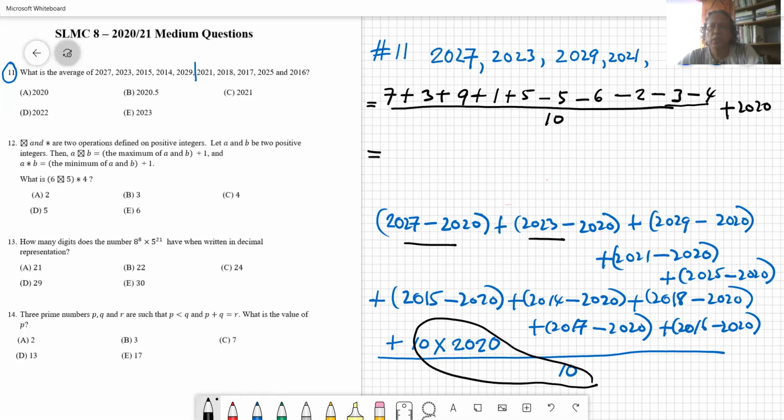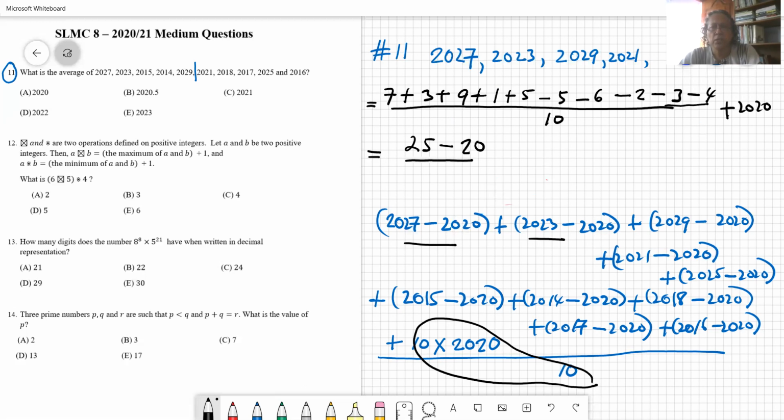So what is the answer? Here the positive numbers add up to 25, and the negative numbers add up to 5, 11, 13, 16, 20.